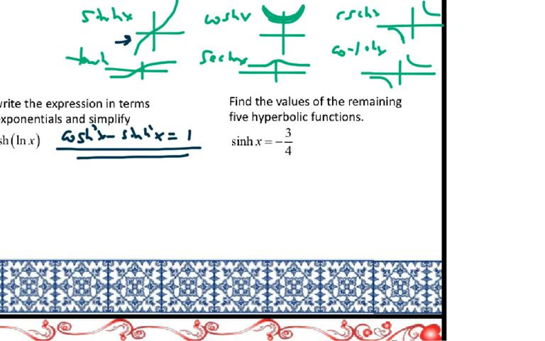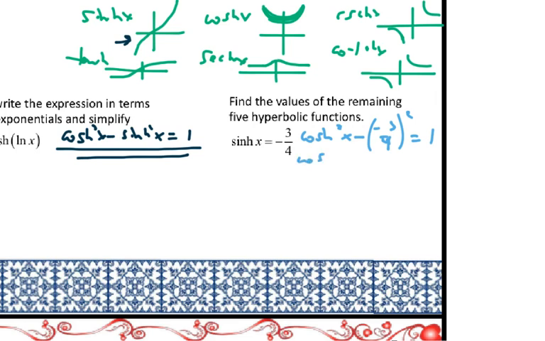So let's use this formula. We would have cosh squared x minus, and sinh is negative 3/4, squared equals 1. So we plug into that formula and solve for cosh squared. Negative 3/4 squared would be 9/16.